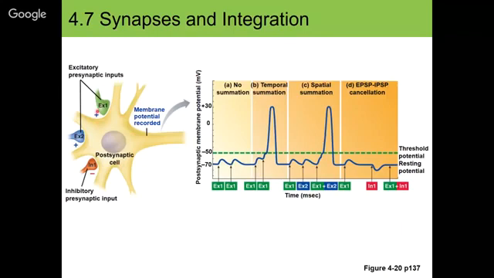Okay, so this is the cell body of your postsynaptic cell, in this case a postsynaptic neuron. All right. So here we record the membrane potential of the postsynaptic neuron.